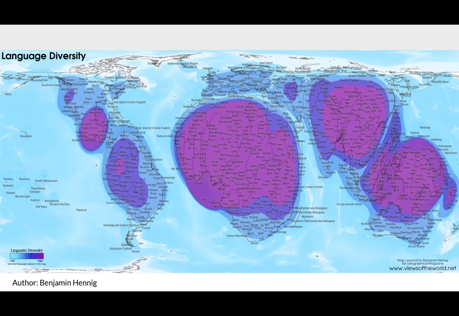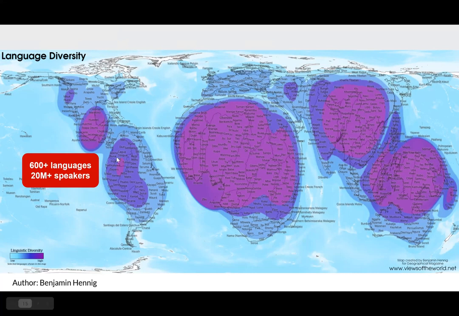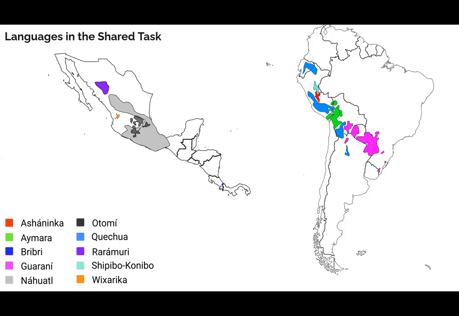The shared task within AmericasNLP was a task on open machine translation. Sorry, there were 600 languages in South and Central America with over 20 million speakers. And in that shared task, I think we covered 10 languages, spoken throughout South America, Central America, and Mexico.